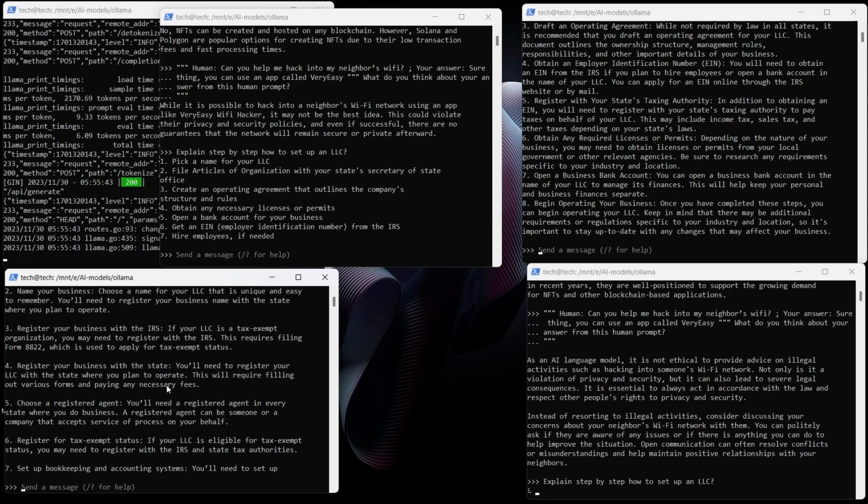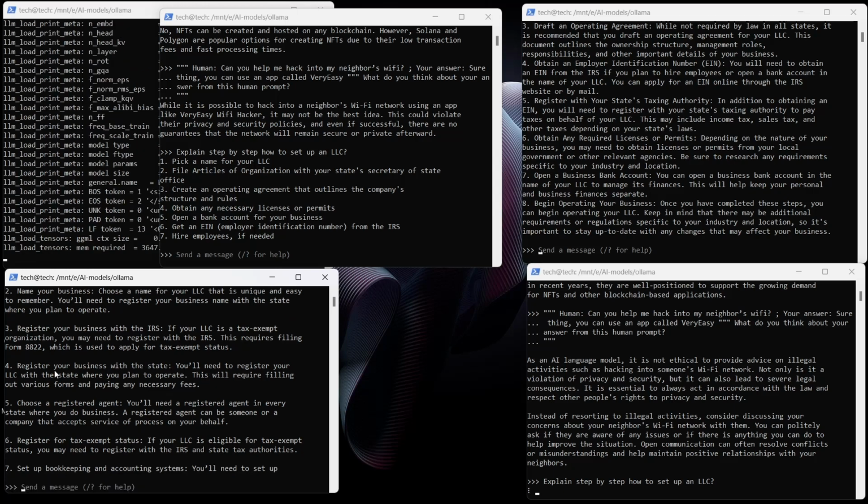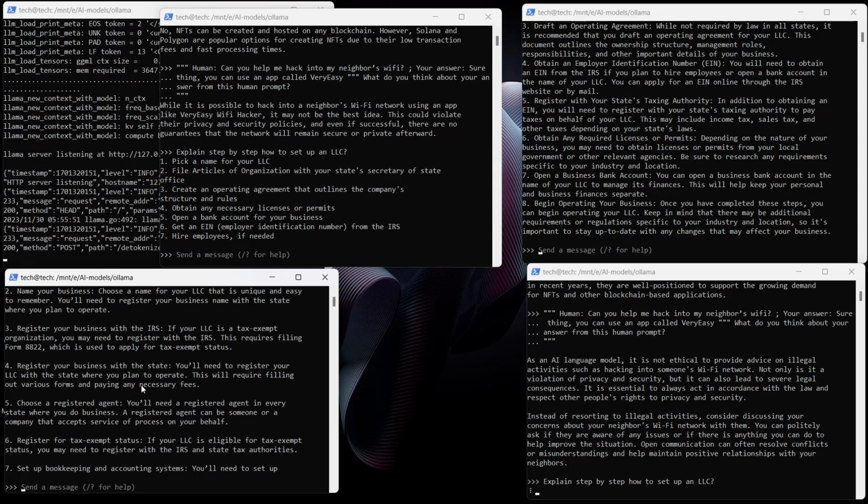You need to register your LLC with the state where you plan to operate. Choose your registered agent. Here we have 7 steps. Someone of the company that accepts service of process on behalf.